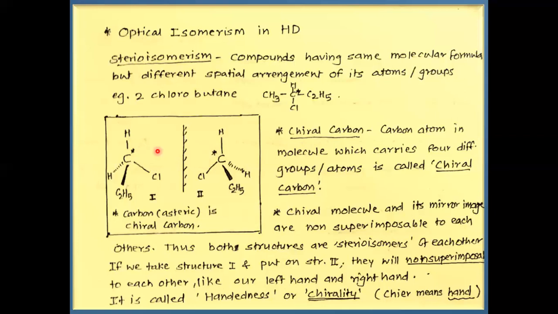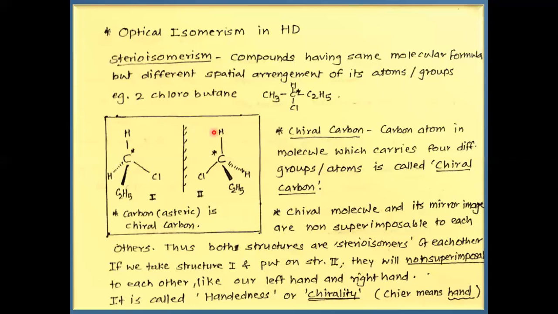Suppose a sphere, a circle, is taken; its mirror image is also a circle. Then the relationship between the first circle and the second circle is superimposable, because if we take this and put its image over it, it coincides completely on all sides.